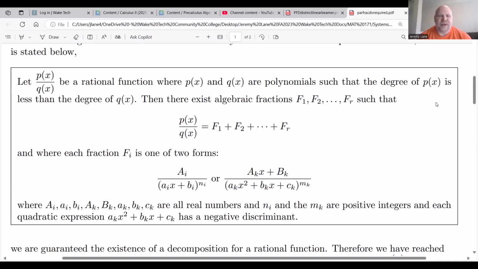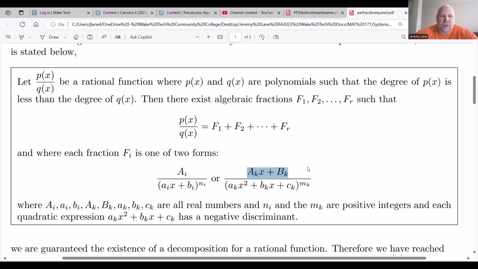If this is the case, then there will exist algebraic fractions, F1, F2, all the way up to FR, so that I can rewrite this rational function as a sum of these algebraic fractions. Now, these algebraic fractions have the form that you either have a constant divided by some linear factor raised to a power, or you have some linear expression that I'm highlighting here in blue, divided by some irreducible quadratic factor.